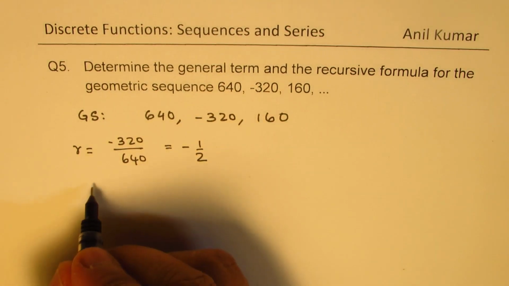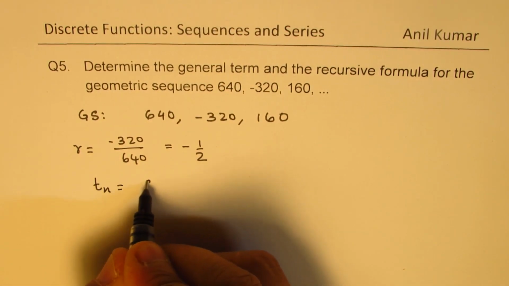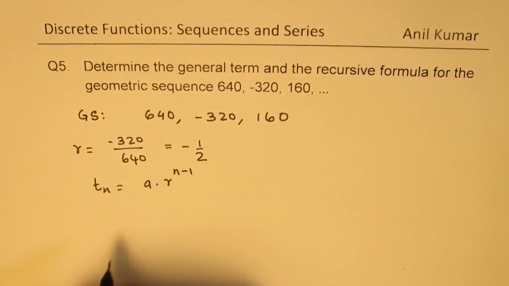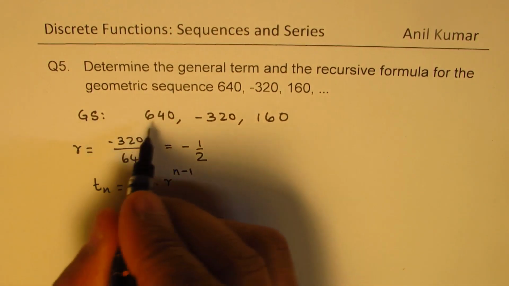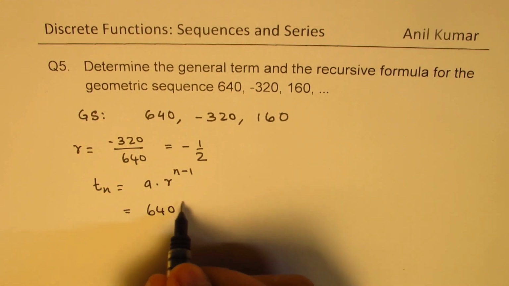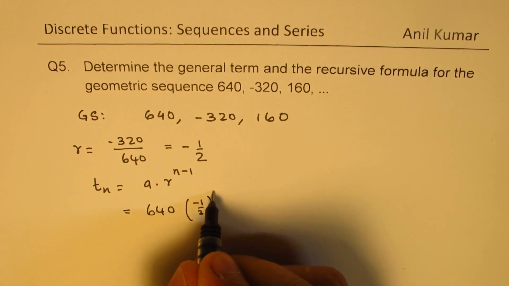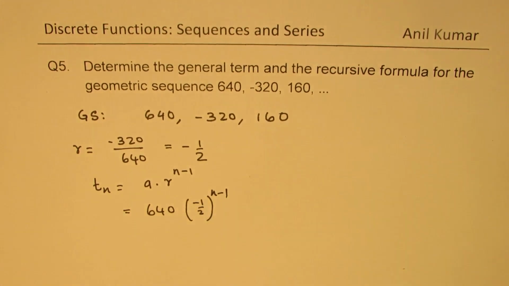So the general formula Tn is a times r to the power of n minus 1. In this case, a is 640, so we get 640 times r, which is minus half, to the power of n minus 1. Is that clear to you?